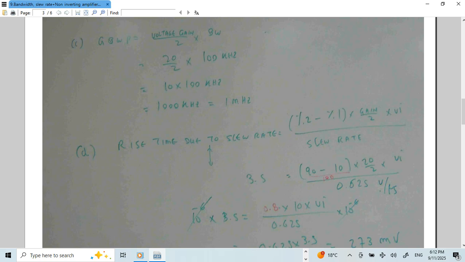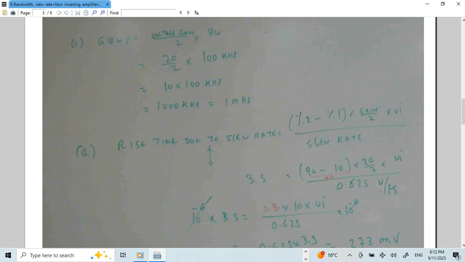Multiply with the bandwidth. So the voltage gain is 20, divided by 2, multiplied by the bandwidth. The bandwidth is 100 kilohertz.